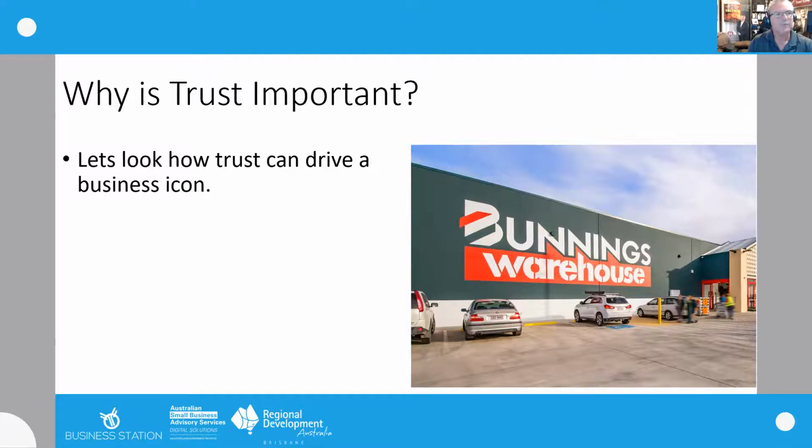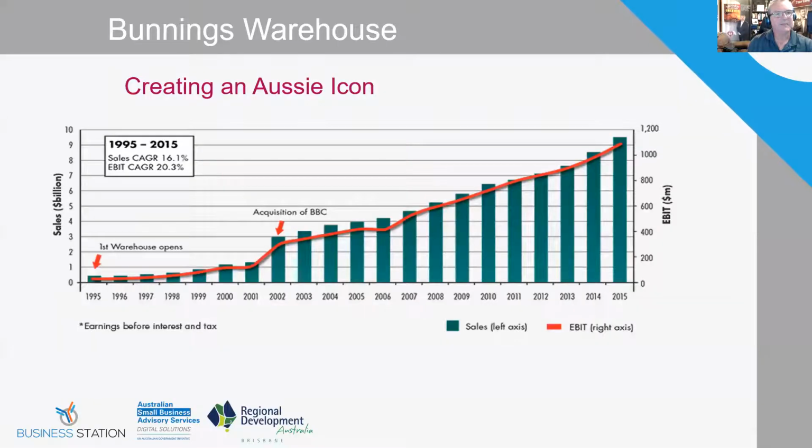One of the really important things that Bunnings had was a very clear definition about who they were, a very clear strategy, and a very clear leadership model. So what do I know about Bunnings that helps them become the success story that they are?